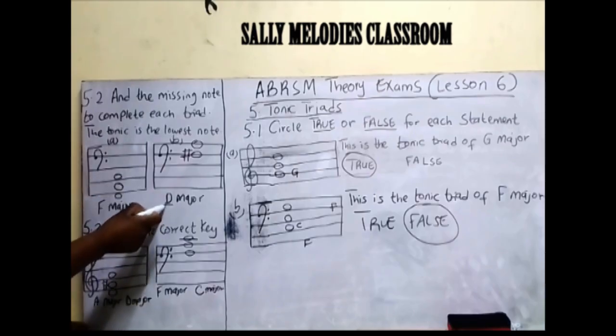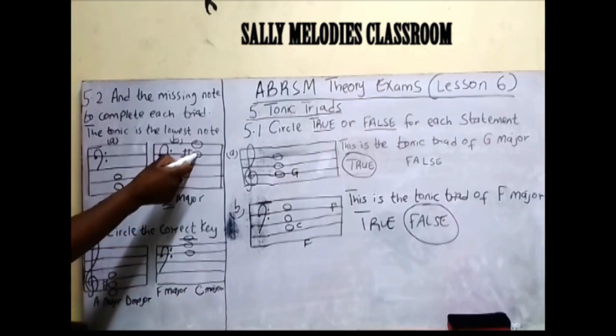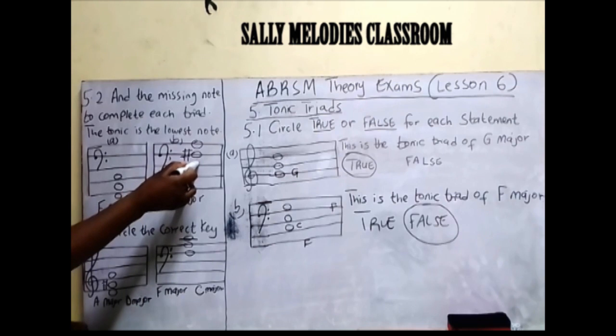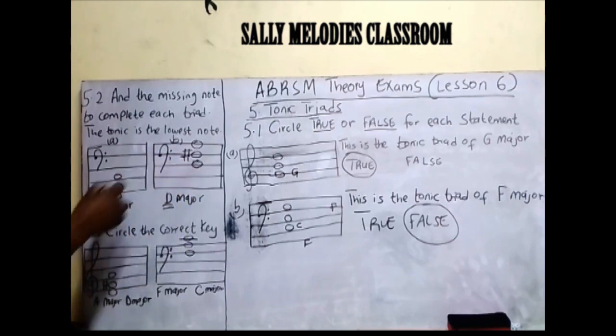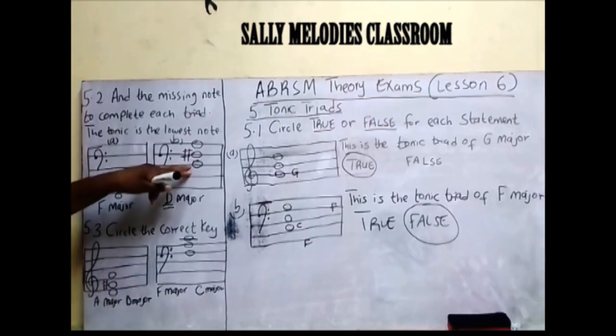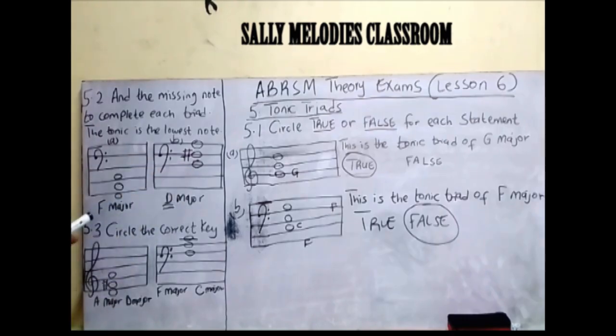So we need the D. Our lower note here is not the D. This is F. So you are supposed to go down and find your D. If this is F and this is E, then your missing note is the tonic, which is D. In case it had an accidental, you could put it, but now it doesn't have one. Remember, D major has only 2 sharps, at F and C.